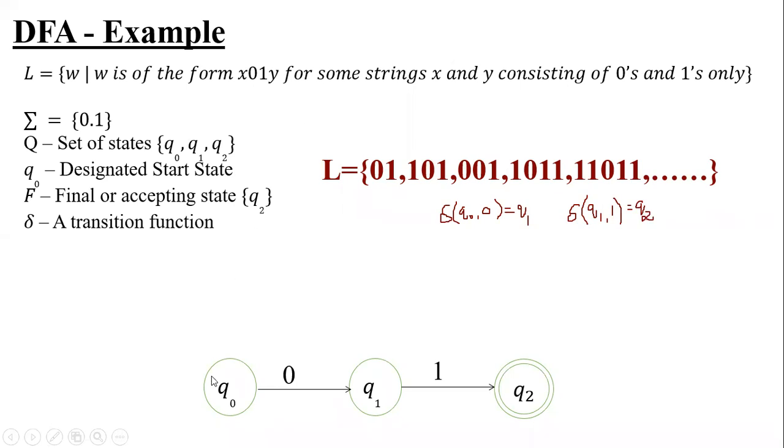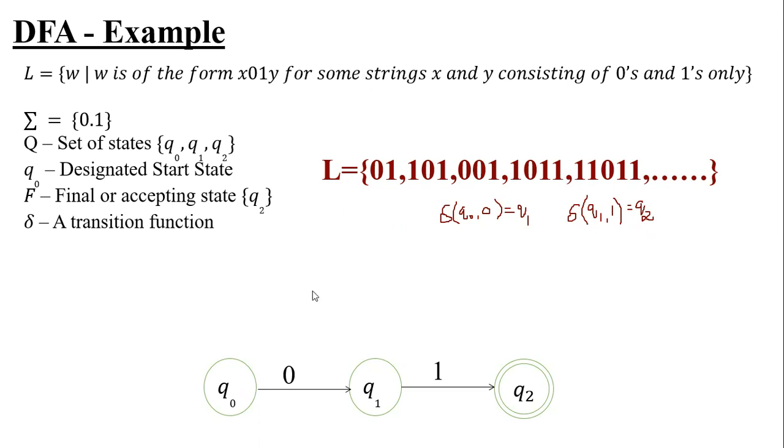Now, for the state Q naught, this is the start state, and after Q naught we have a transition to the state Q1 on 0. Now, there may be many ones or a single one before this 0, as in this case, 1 or 1 1.